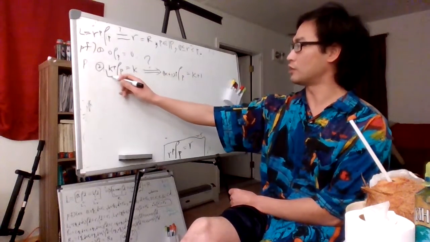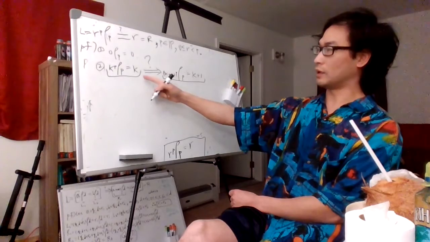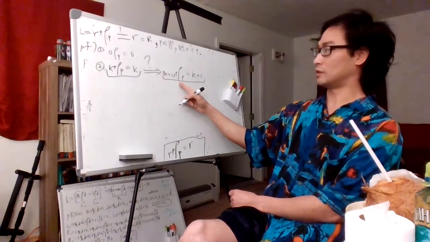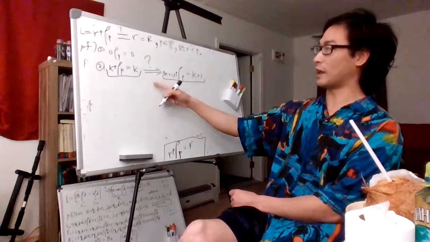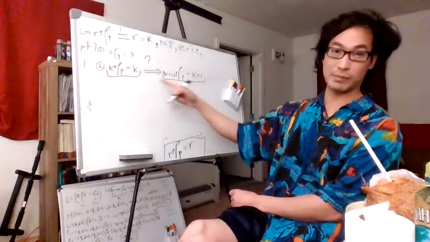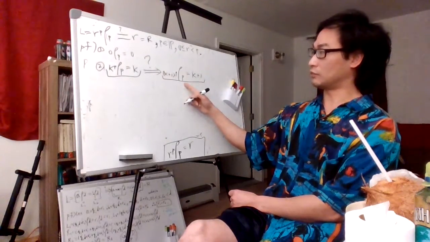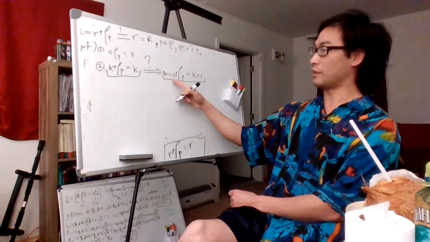So here we have the assumption, and here you have the precedent and consequent. It's propositional logic, like if A then B, right? So we have this if-then statement.